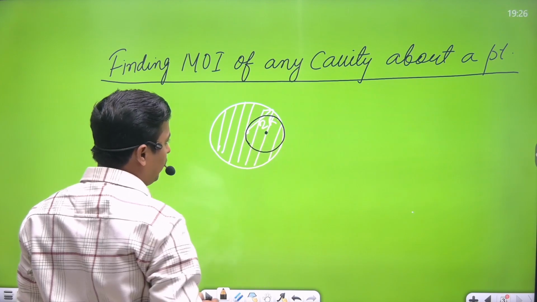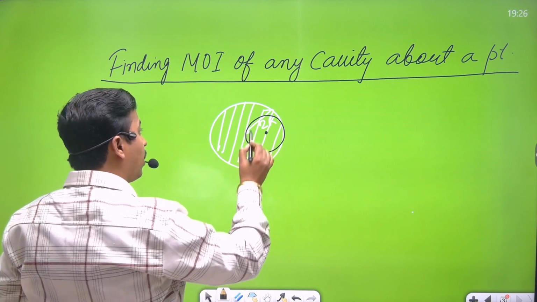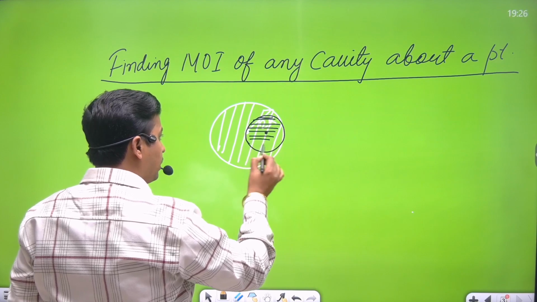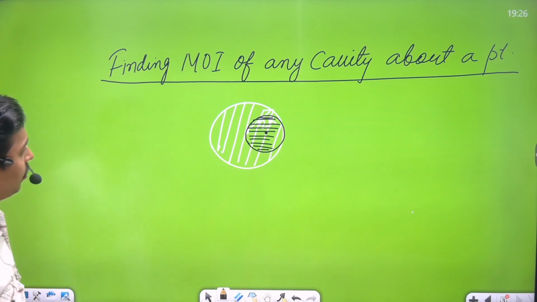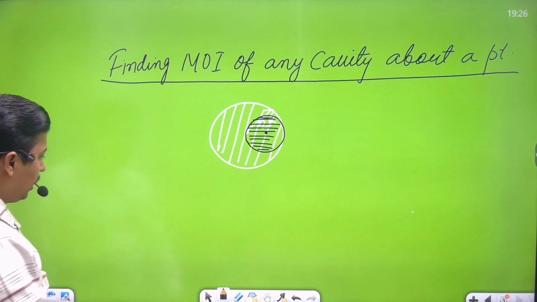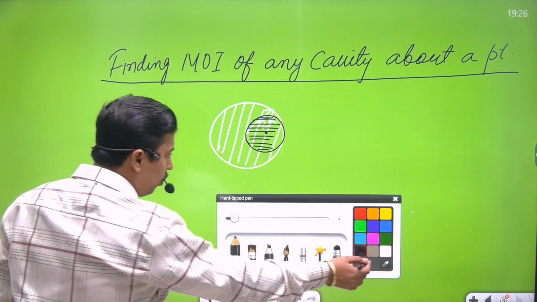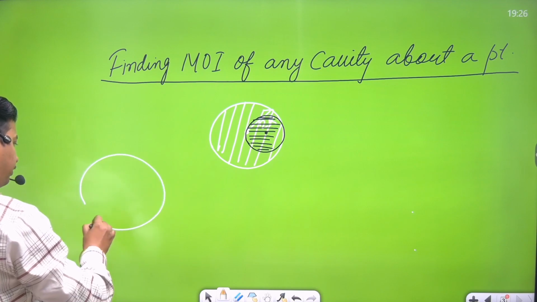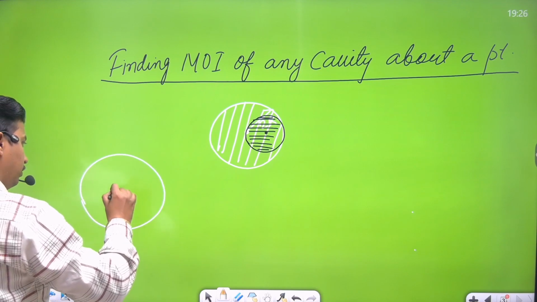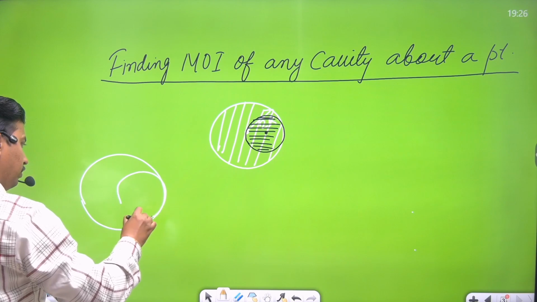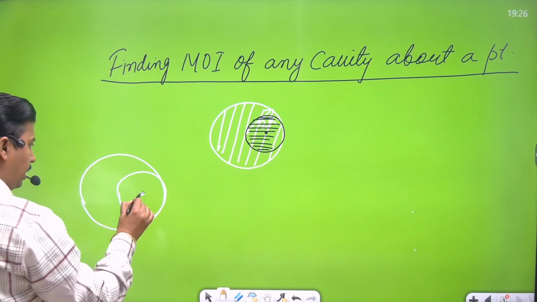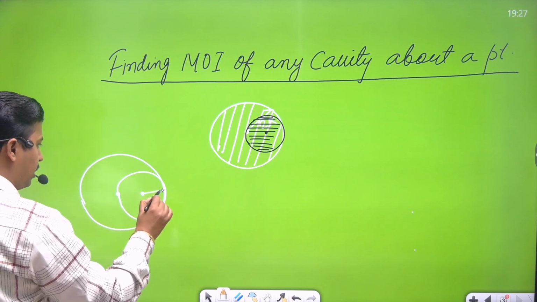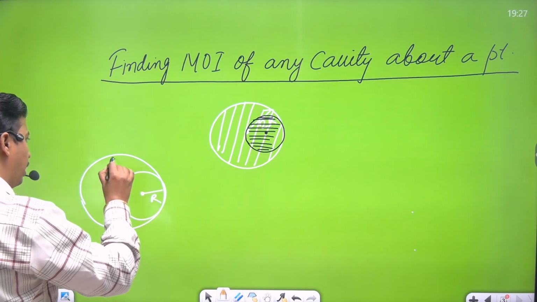So this will be the center of the disk which has been cut from the bigger disk. Actually the real scenario, the figure will look like this. This is the center of the smaller disk and this is the center of the bigger disk. This is r and this is 2r.